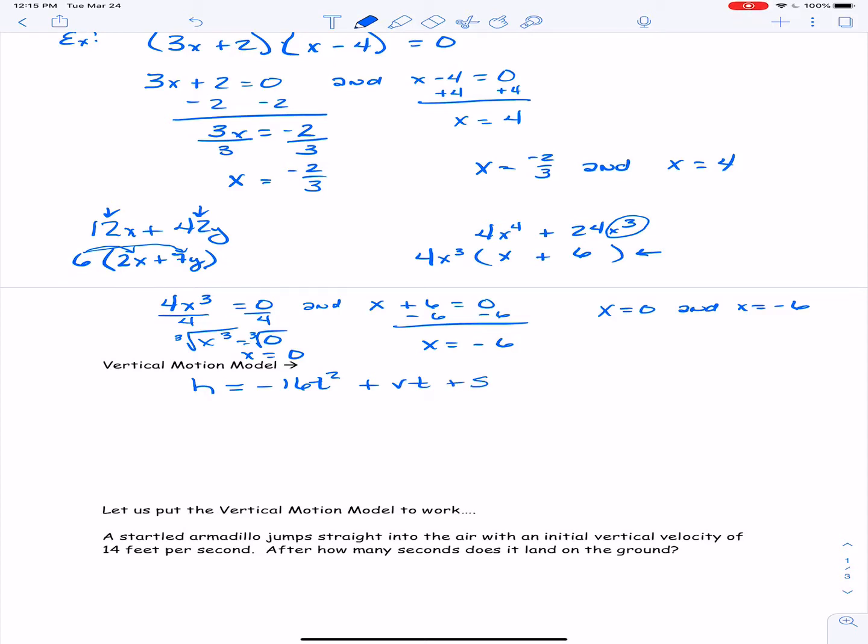Now, let's talk about all the variables. The h is going to be your height, your ending height. Your t is going to be your time in seconds.